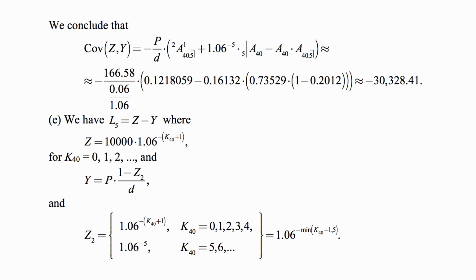And then we have all of these values from previous calculations. We plug them all in, and we obtain negative 30,328.41. And that's the end of part D.